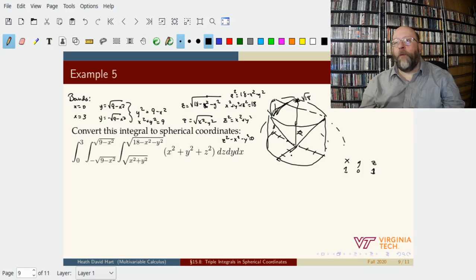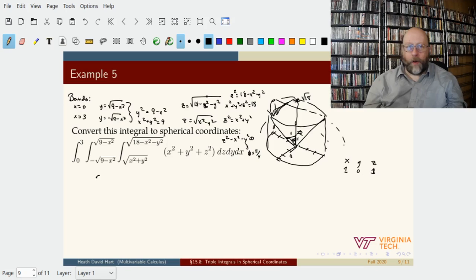So x goes out 1 unit, z goes up 1 unit, and y goes out 0 units. This triangle is a 1-1 triangle. The legs are 1 and 1. That's a 45-degree angle. And so this angle here is going to be pi over 4, from the z-axis. Okay? We could figure that out just by using basic trig and picking out some points.